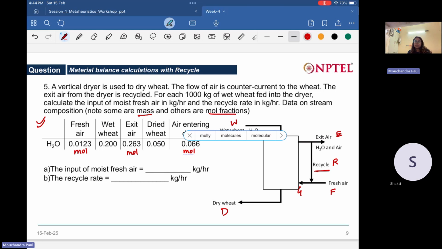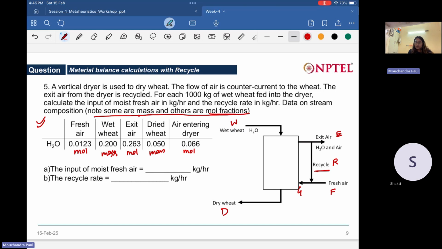When you want to express the quantity of air or gaseous components, then people use mole fractions. And when we use solid components like wheat, or any particular solid form or liquid form, then we use mass fractions. So these are mole fractions for fresh air, exit air, and the air entering the dryer, and for the wheat, we are given the mass fractions. That is why they have written this particular statement to remind us of that fact.